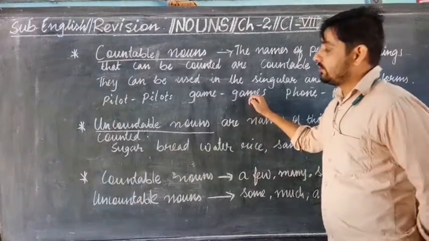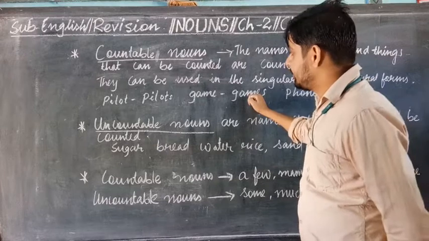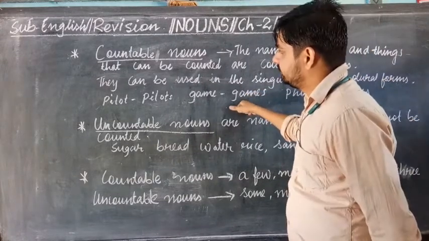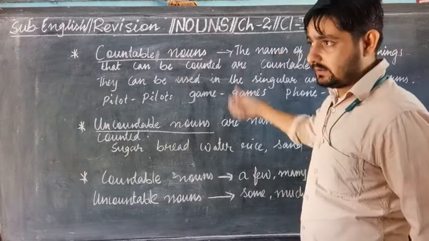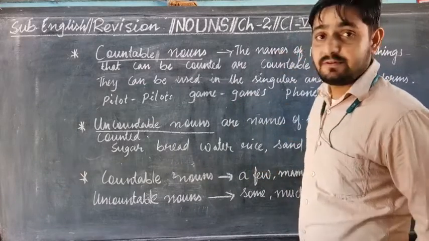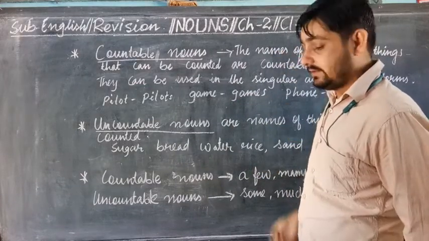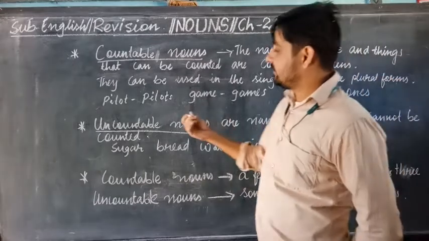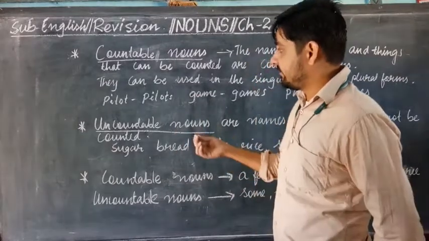How we make these, we will see another day, after the half yearly, or if it is there in your textbook. But today you see how we can write singular and plural.